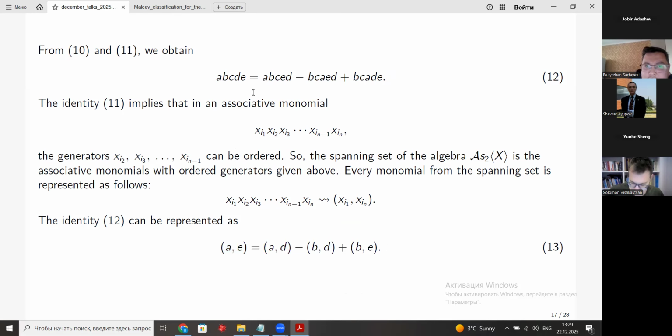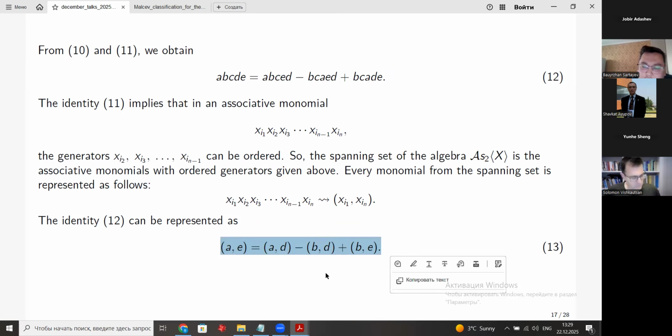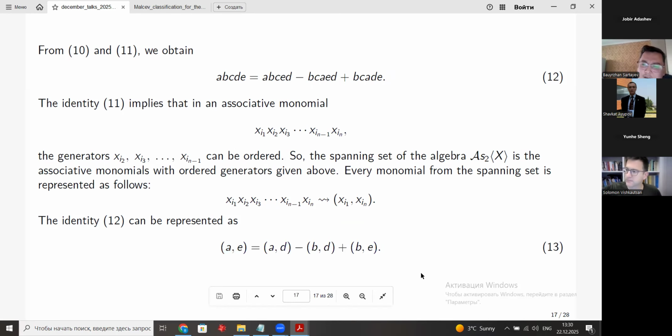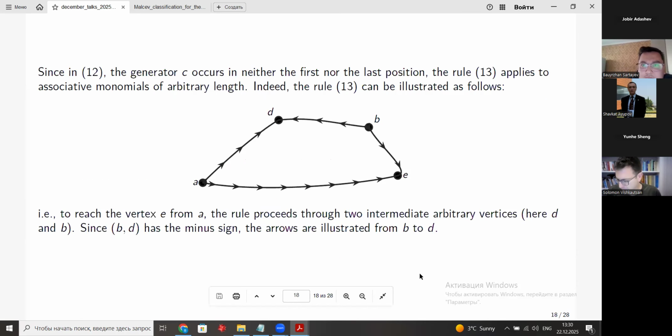Why? Because you see C here stays not first and not last. So instead of C, we can place any monomial of any length, and we can obtain such a rule for the needed lengths. Indeed, the rule 13 can be illustrated as follows by a graph.